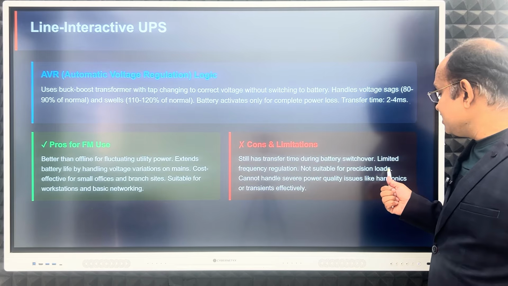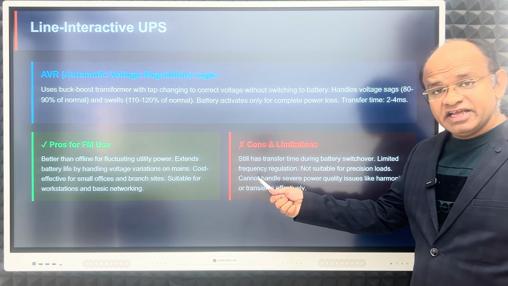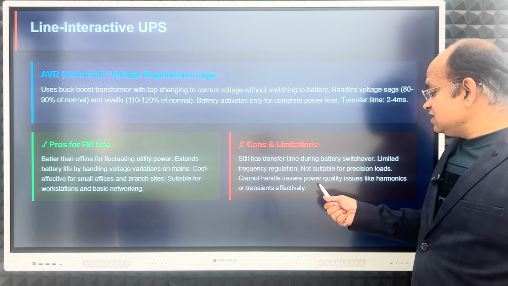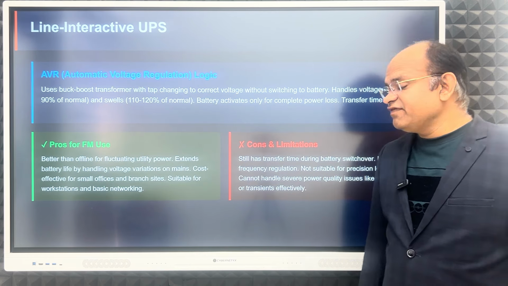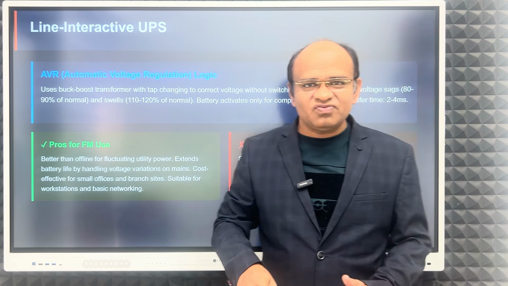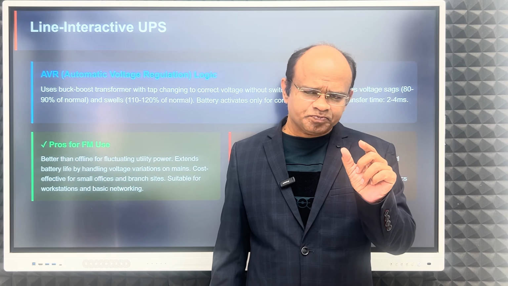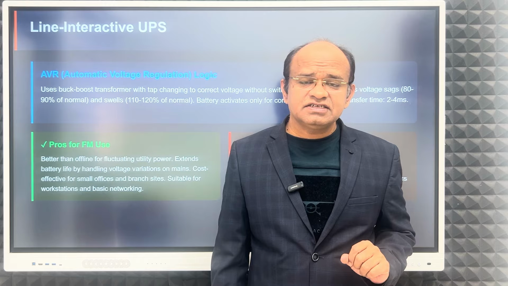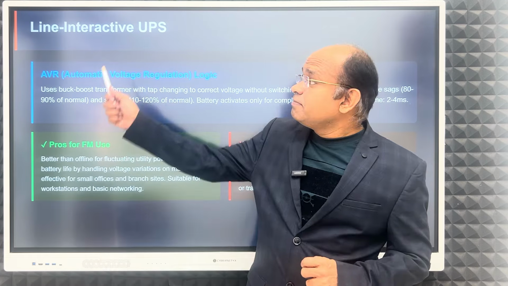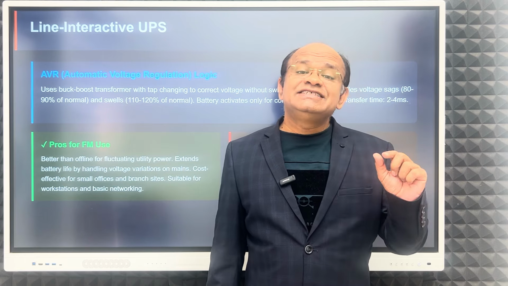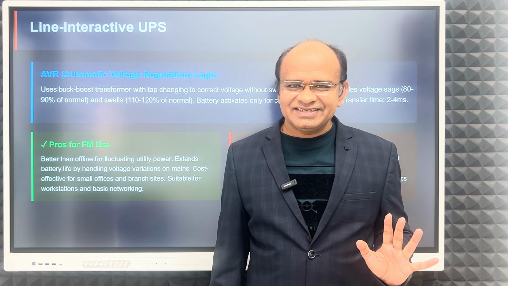Not suitable for precision loads, which are very important loads like data centers or medical equipment. It cannot handle severe power quality issues like harmonics or transients effectively. Transients are for a smaller time, even microseconds, as we have seen. So line interactive will not be able to manage transients and harmonics. So we cannot use it for critical loads.